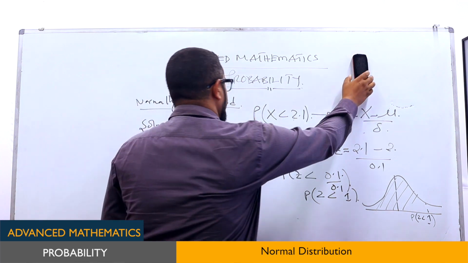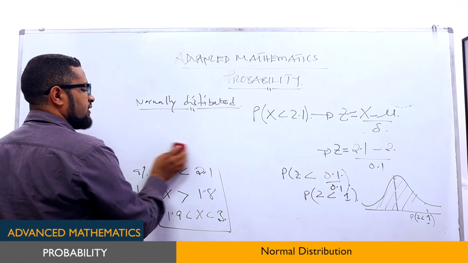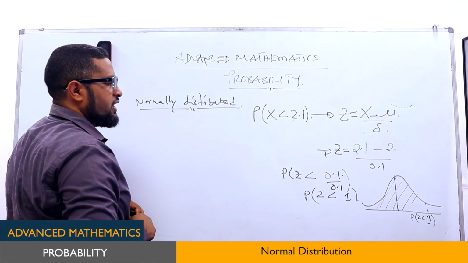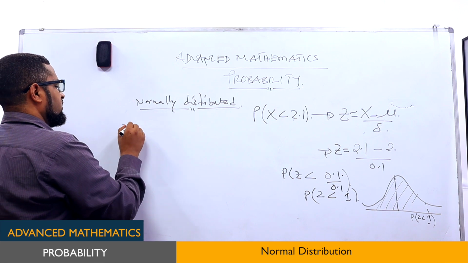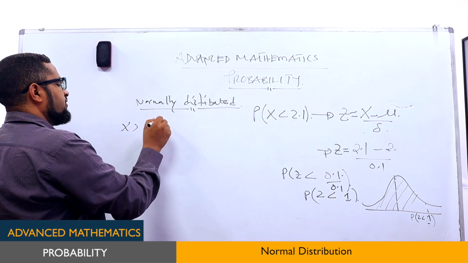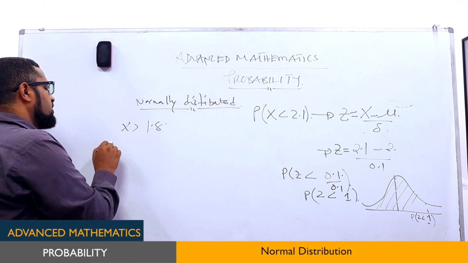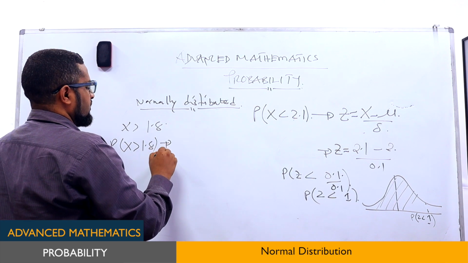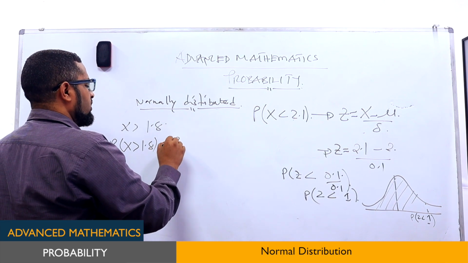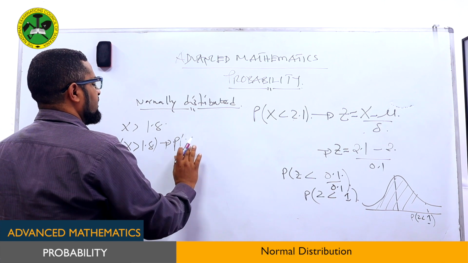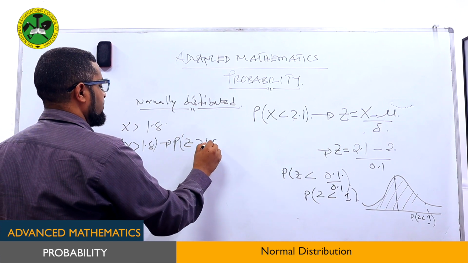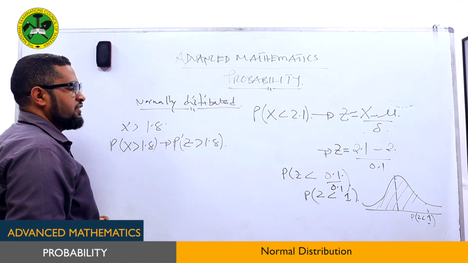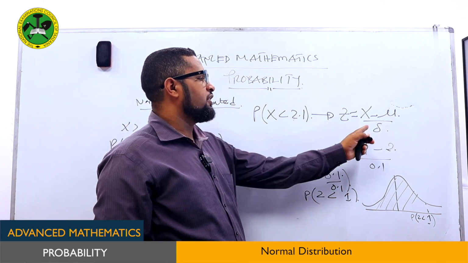Second case, when x is greater than 1.8. Here we are looking for the probability of x greater than 1.8. But in the standard normal, it will be z greater than 1.8. Also remember, what is z? Z, as I said, is given by this formula.